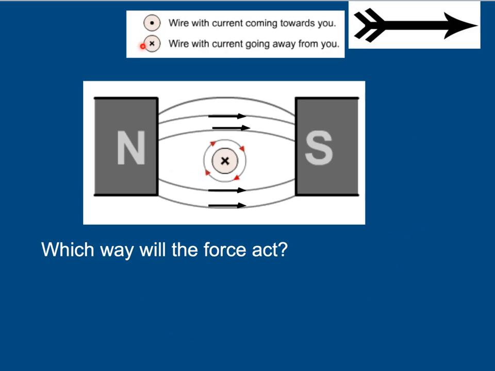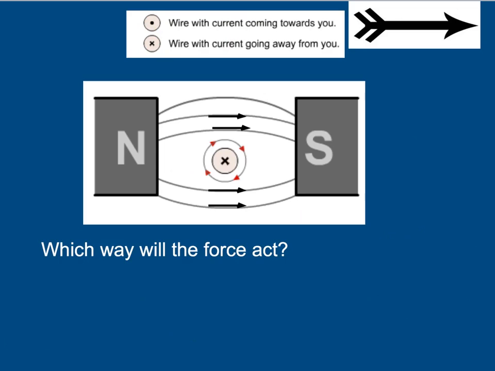If the arrow is being fired away from you, then you will see the back end of the arrow moving away from you, and it will look a little bit like a cross. So when you've got current that's coming out of the page towards you, it looks like that. When you've got current going away from you or into the page, it looks like that.